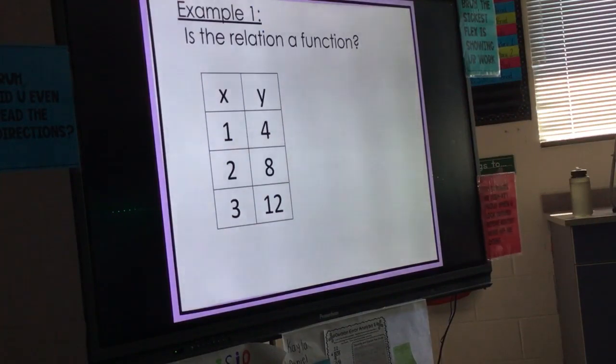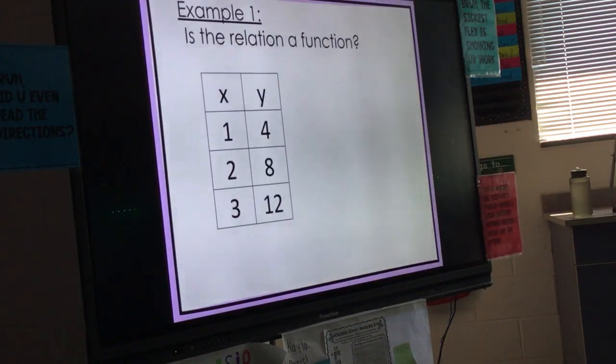So on your paper, just so you have a little bit better understanding, I want you to put here's your box, and then here's your whatever, and you have 4, 8, 12. I want you to do 1 times 4 equals 4. 2 times 4 equals 8. And 3 times 4 equals 12.